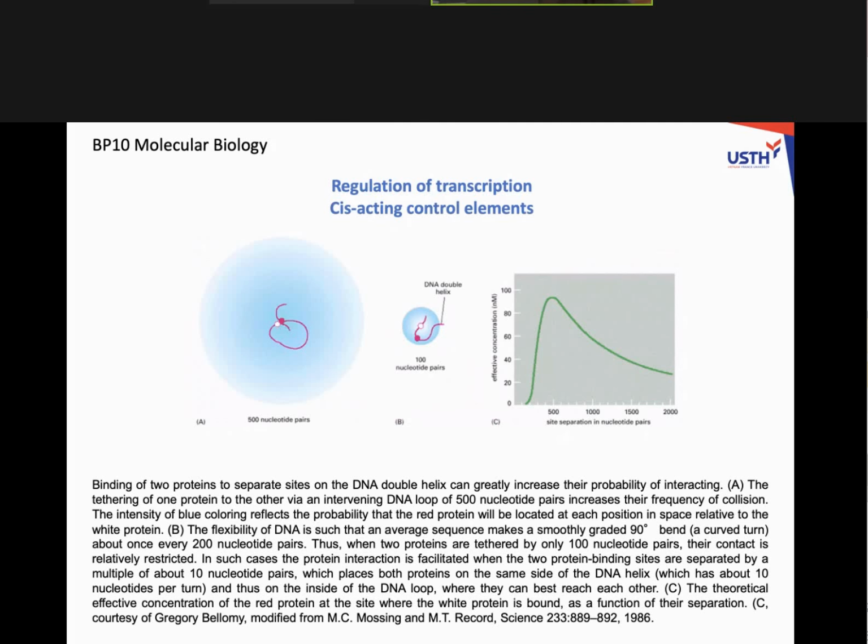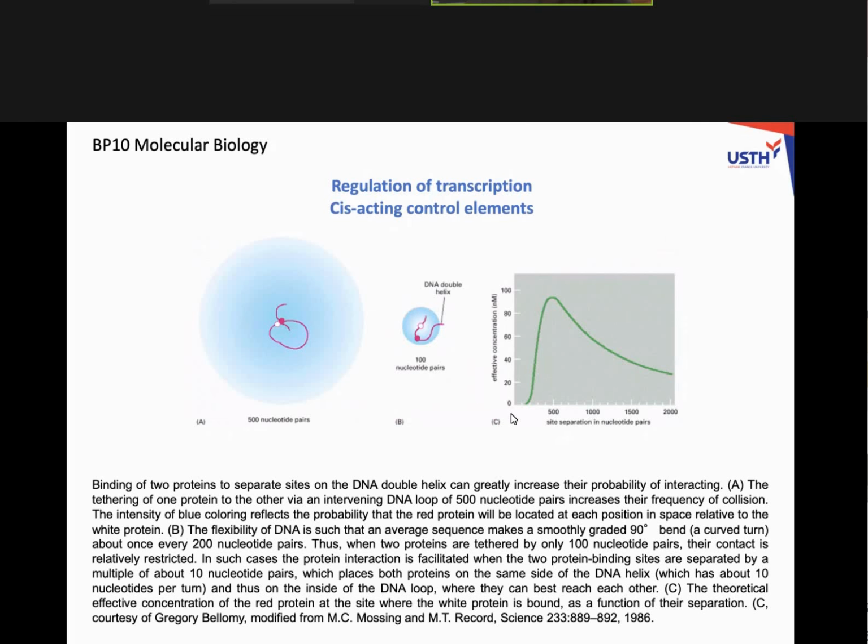You understand the concept of the experiment. So the y-axis is the probability of having red touching white, and the x-axis is the physical distance of white compared to red. Do you understand the graph?